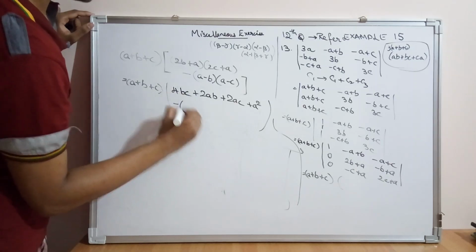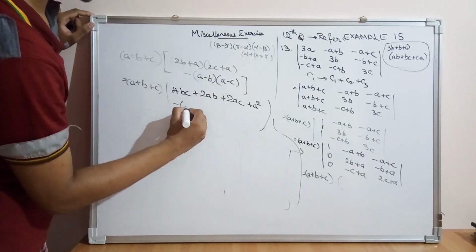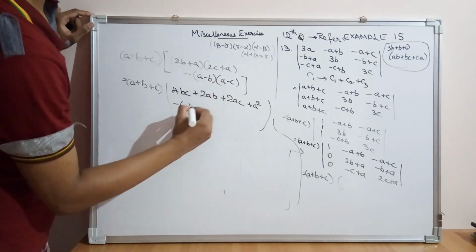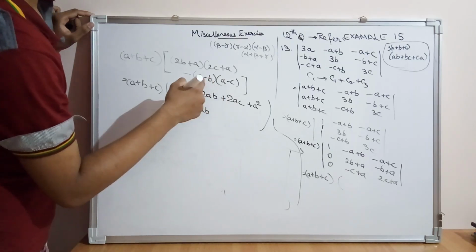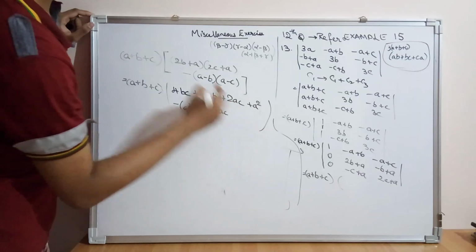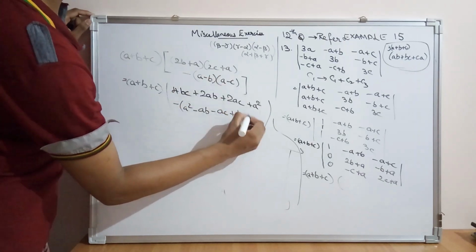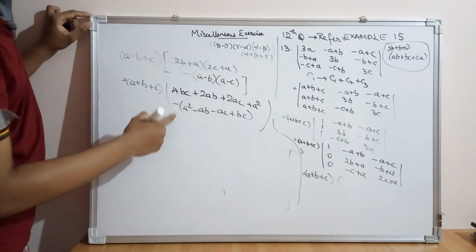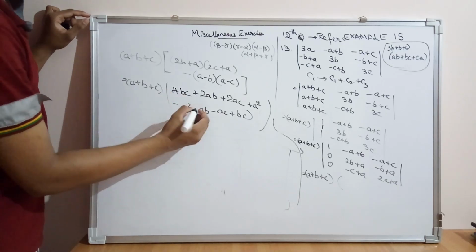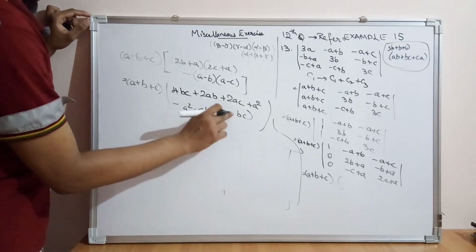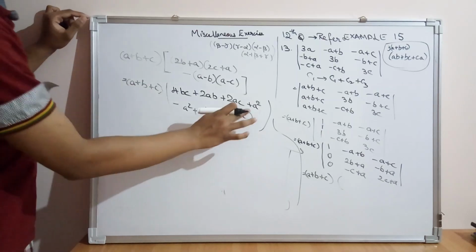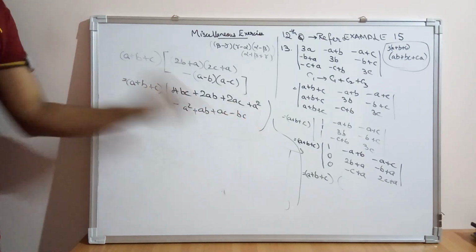So minus of a square minus ab, then minus ac plus bc. Or I can just change the sign everywhere. This becomes plus, and this becomes minus. I just put that inside.